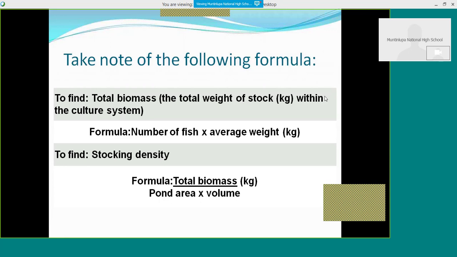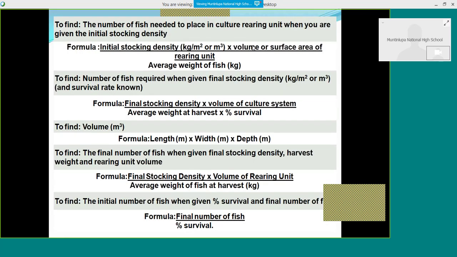To find the stocking density, the formula is total biomass in kilograms over the pond area or volume. To find the number of fish needed to place in the culture rearing unit when given the initial stocking density, the formula is initial stocking density in kilograms per square meter or cubic meter times volume or surface area of rearing unit, divided by the average weight of the fish in kilograms.